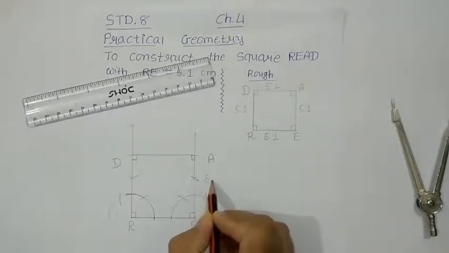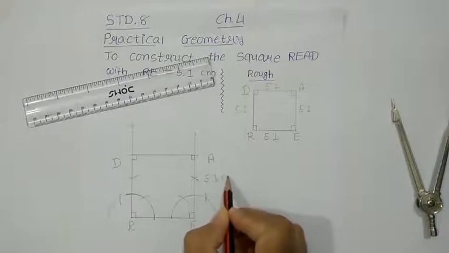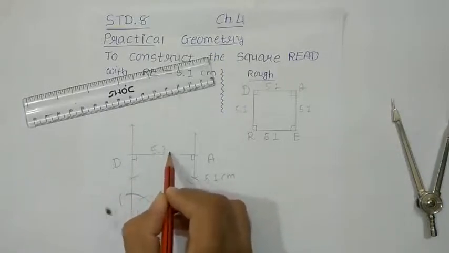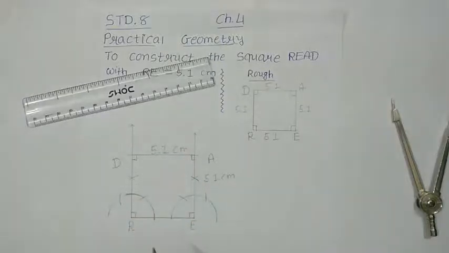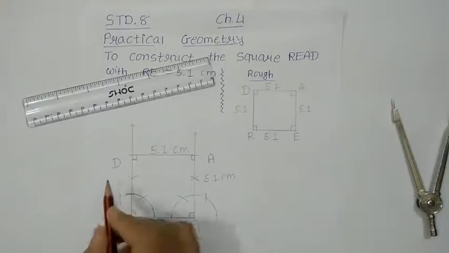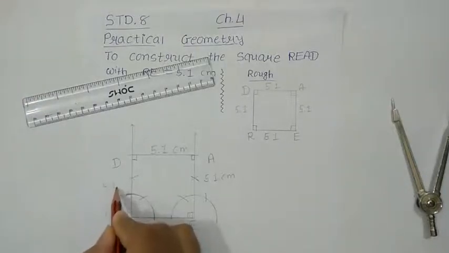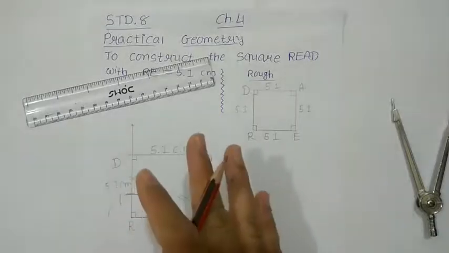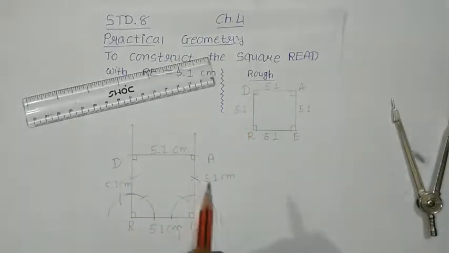This is 5.1 centimeter, this side is also 5.1 centimeter, this side is 5.1 centimeter, and this fourth side is also 5.1 centimeter, right? All the angles are 90 degrees. All the sides are equal. So in this way we can draw this type of special quadrilateral.